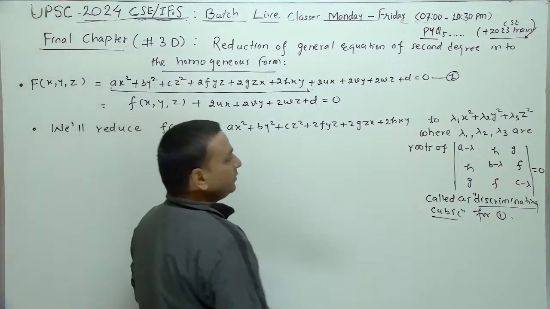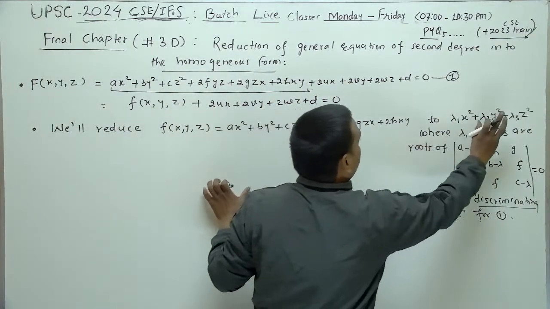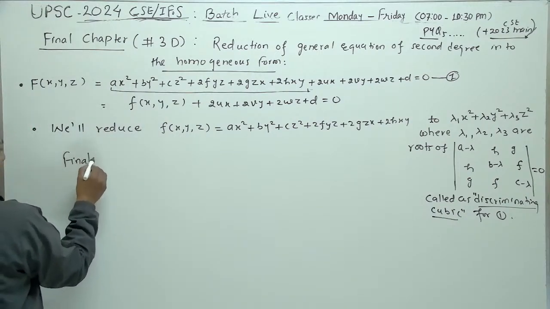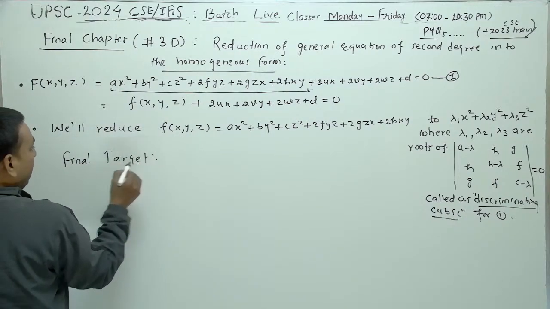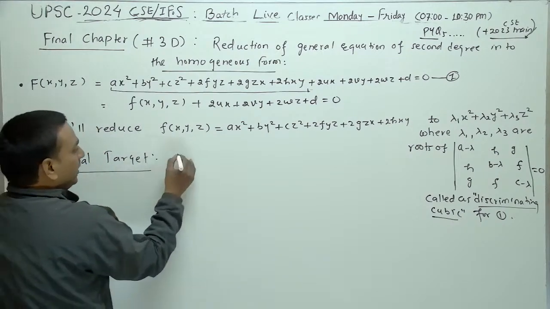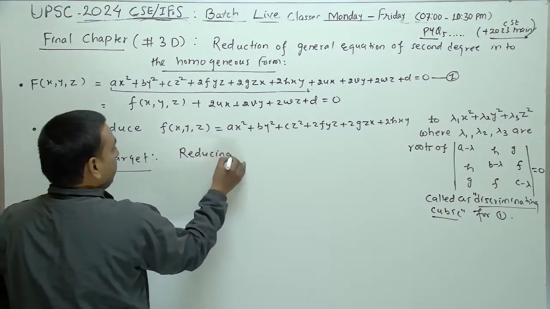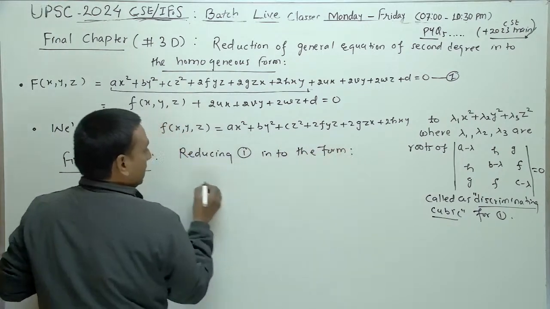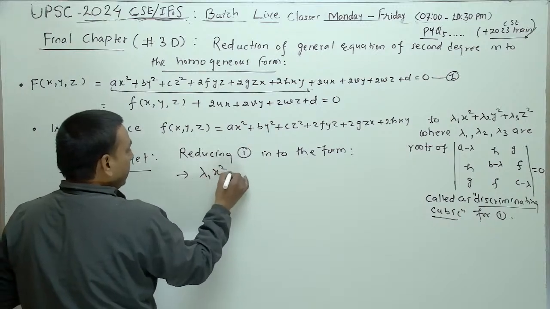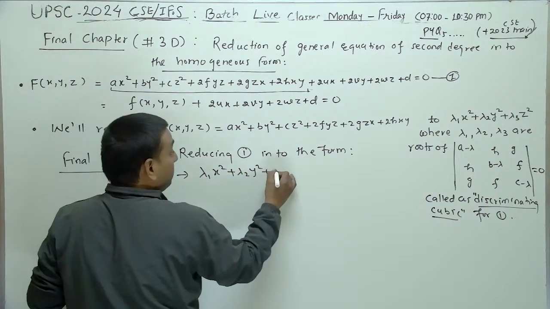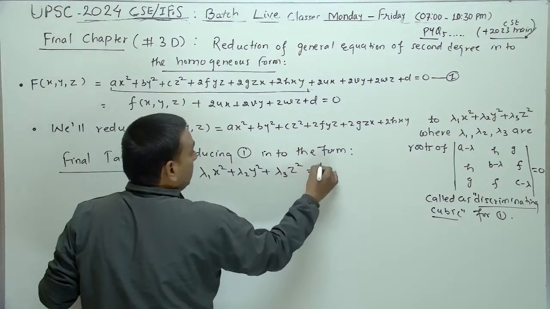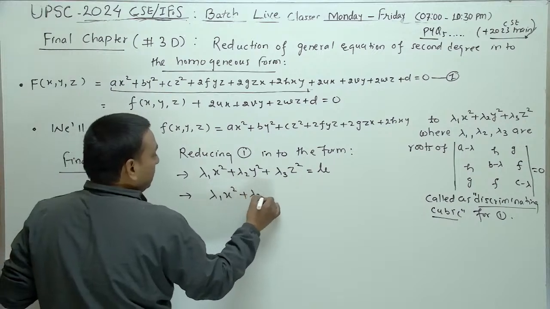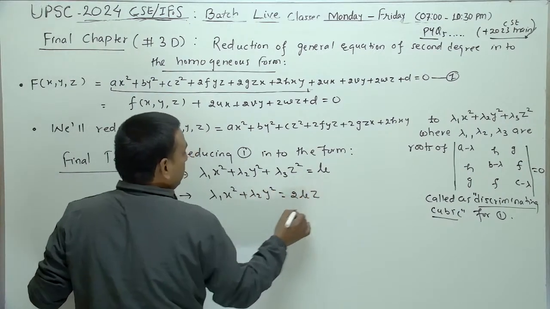Your target is to reach, to bring this expression here, and the final target, watch carefully, the final target of the chapter is reducing 1 into the form. Either you can reduce it to lambda 1 x square plus lambda 2 y square plus lambda 3 z square equals to mu, or we can reduce it in the format 2 mu z type.